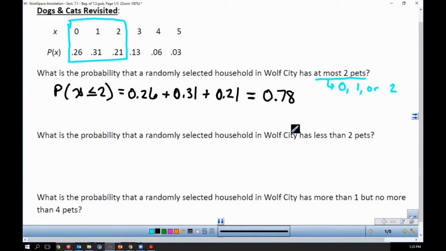Okay, next one. They ask the probability that we have less than 2 pets. What values would that include? 0 and 1. So we just want 0 and 1.